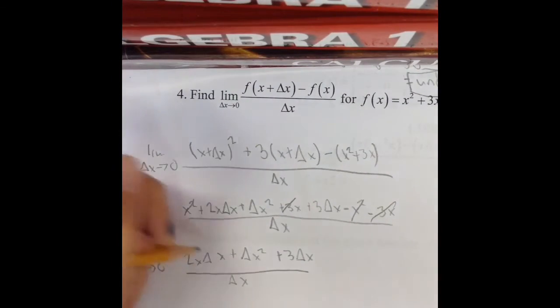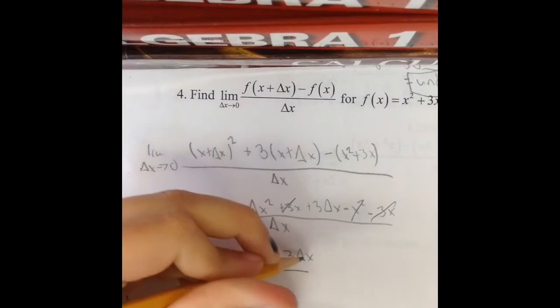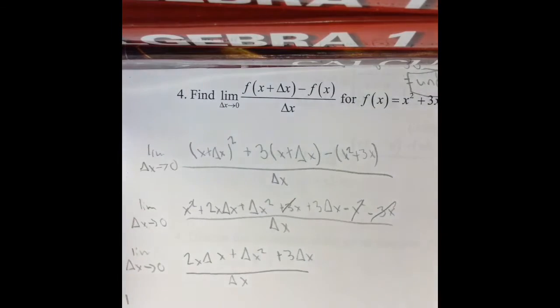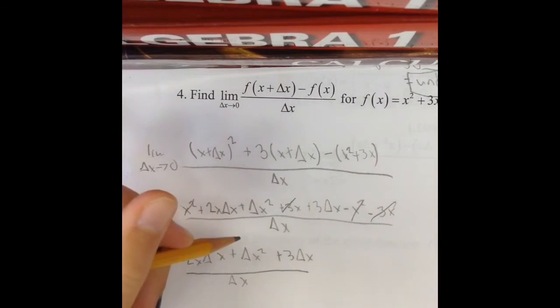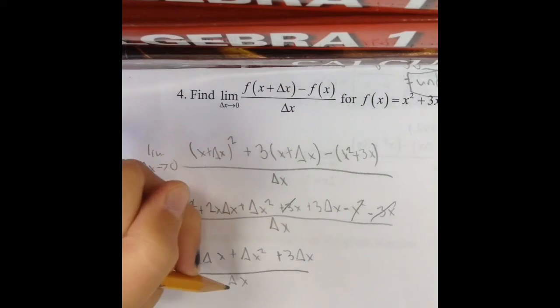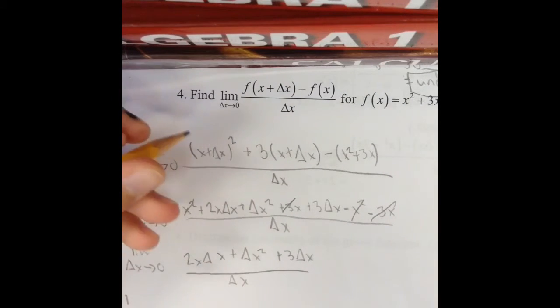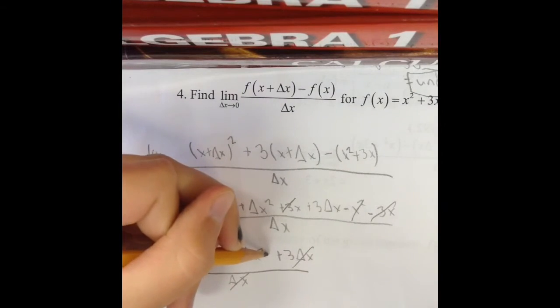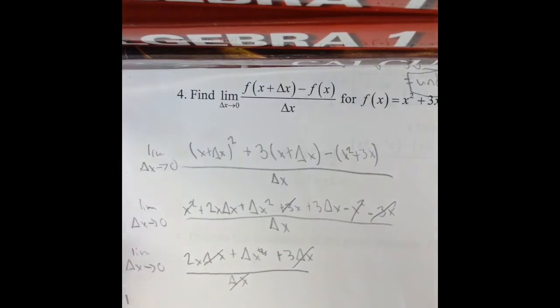So then, since we have the delta x on the bottom, we can cancel these out, so delta x, delta x, delta x, then we just get rid of the squared on that one.